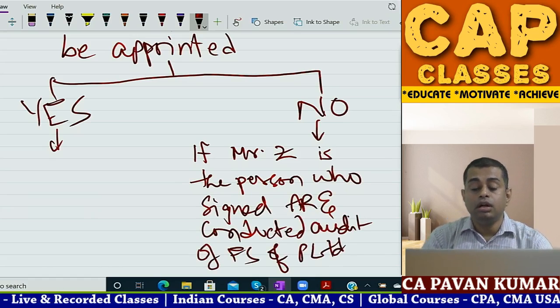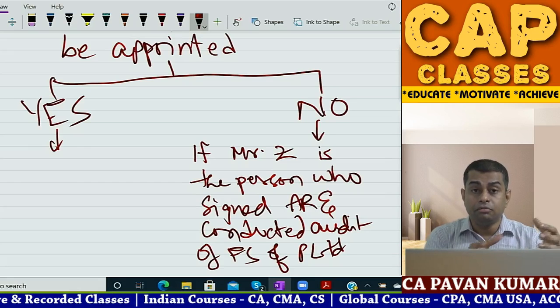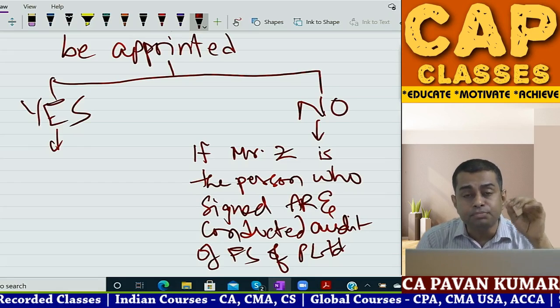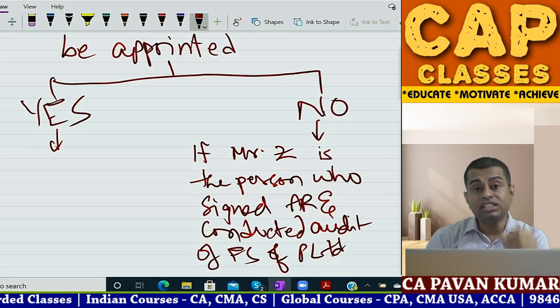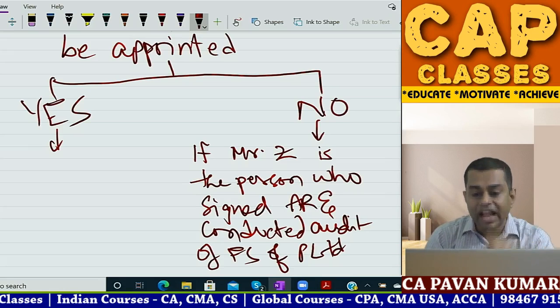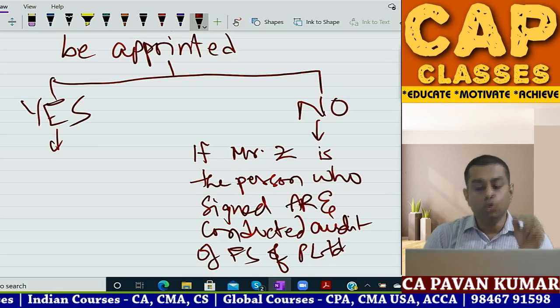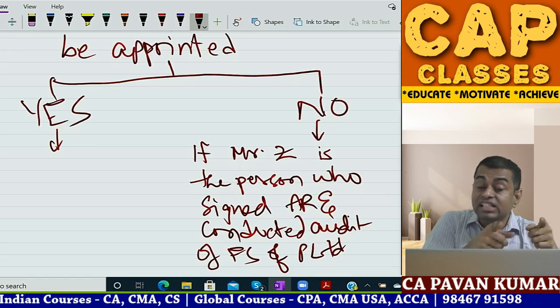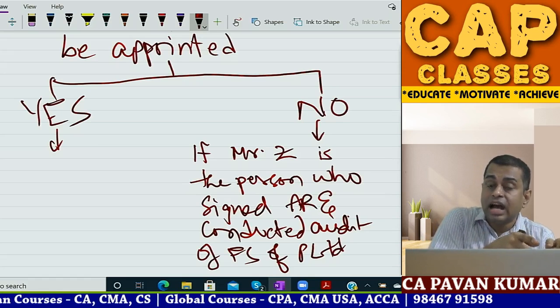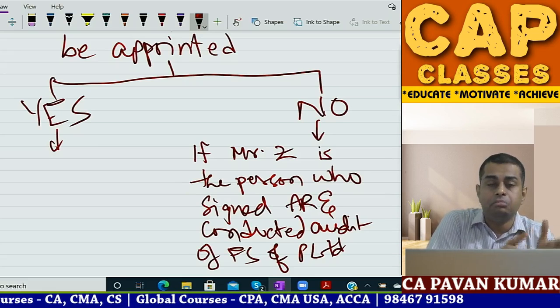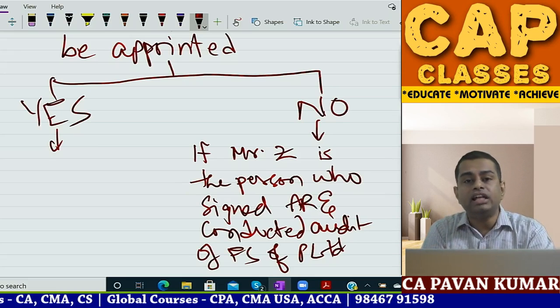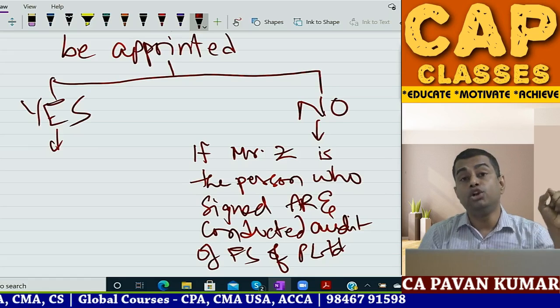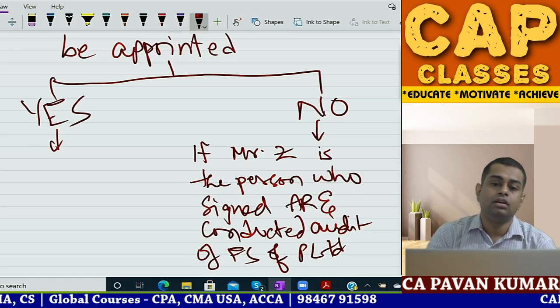So in P Limited, while X and company is performing the audit, who is the person who actually performed the audit? X and his team. Who signed? X. Now he is resigning from the other firm and coming and joining as partner in the new firm. That new firm is also disqualified.